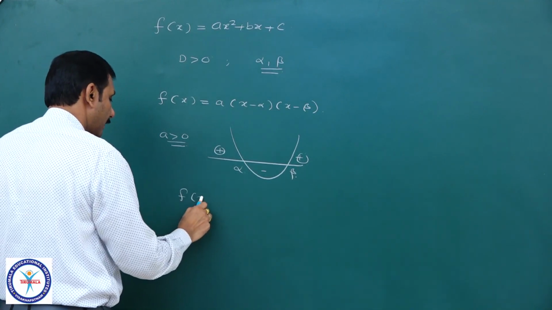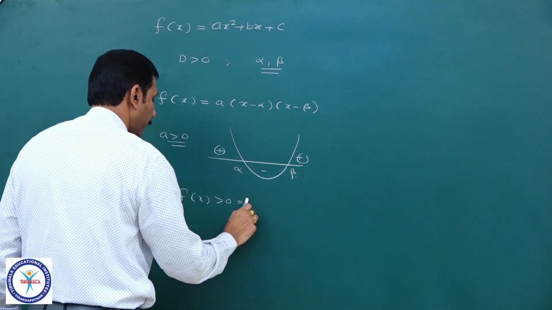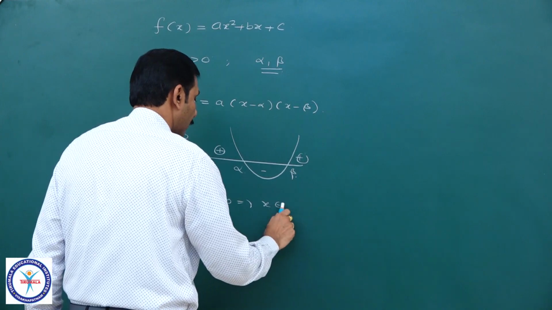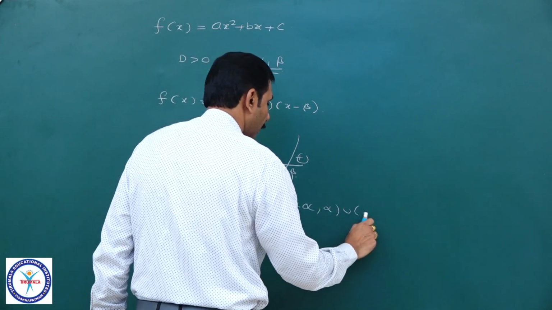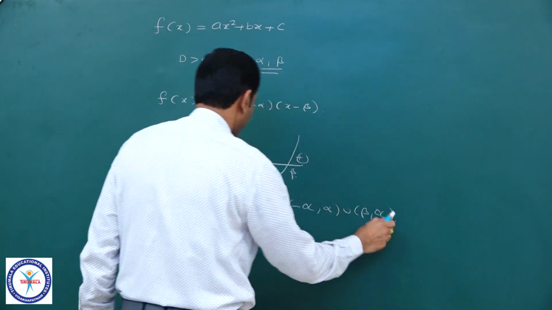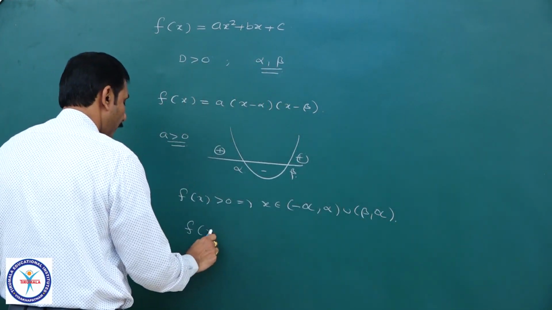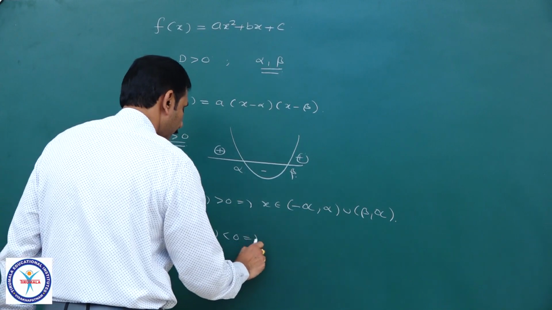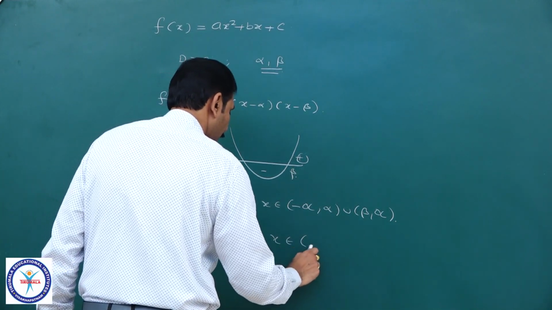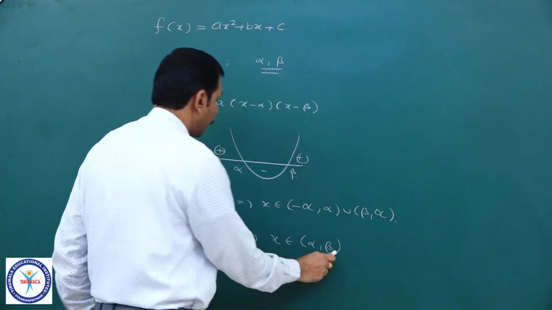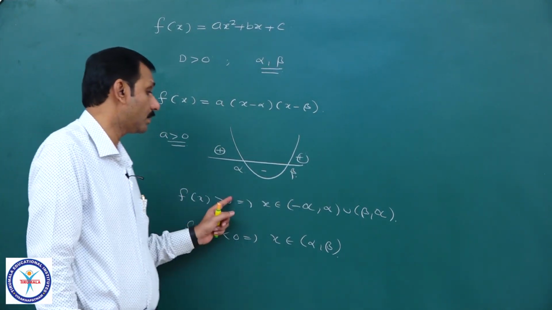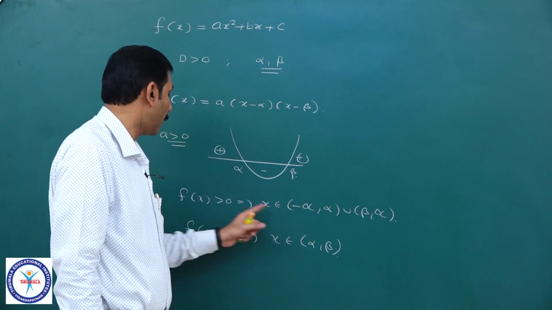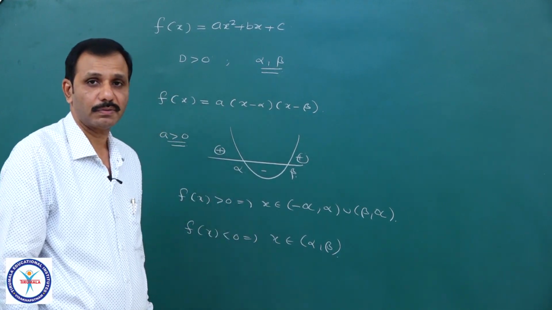Therefore, f of x greater than 0 implies x belongs to minus infinity comma alpha union beta comma infinity, and f of x less than 0 implies x belongs to alpha comma beta. That is, between the roots f of x is negative and outside the roots f of x is greater than 0.